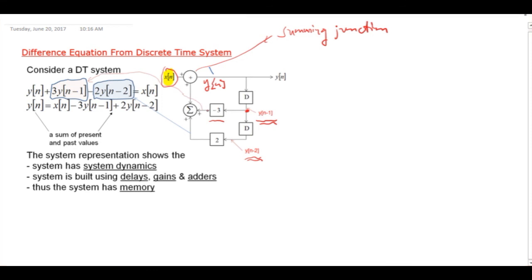So at this particular point, we have minus 3 y[n-1]. Okay, so at this particular point here, we have 2 y[n-2]. Now we come to another summing junction here.